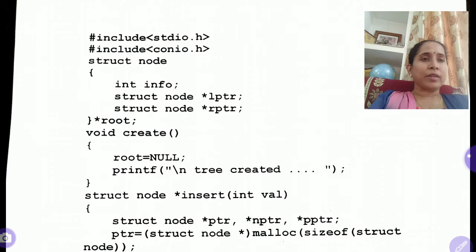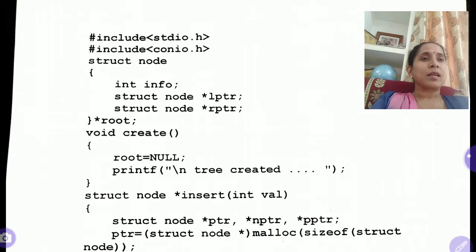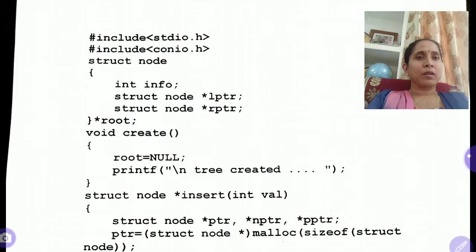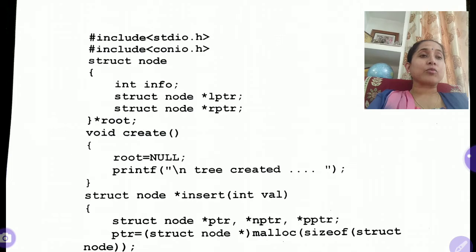One is the node's info part, and there are two pointers, left pointer and the right pointer, to store the left child address and the right child address respectively. So we have three parts of node. You can see int info, struct node *lptr, and struct node *rptr to store the left pointer and right pointer, that is the addresses of the left child node and the right child node.